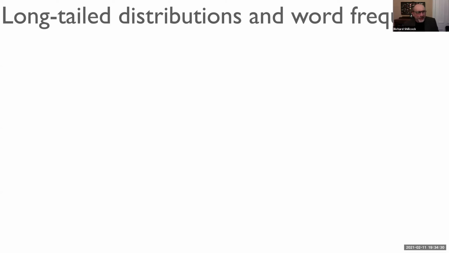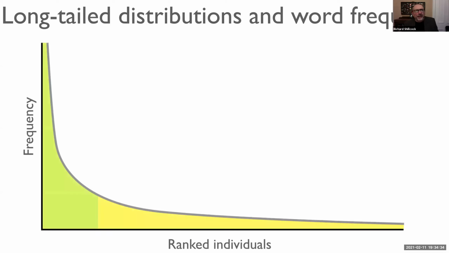So this is just words we'll look at here. This long-tailed distribution is what the world looks like. This distribution is all over the real world. What we've got here on the y-axis is the frequency with which words occur, or it could be the frequency with which things occur.